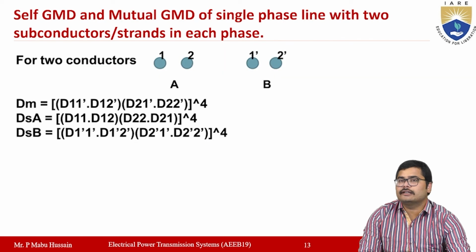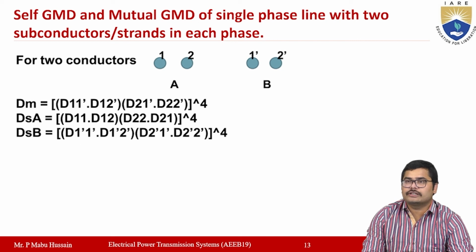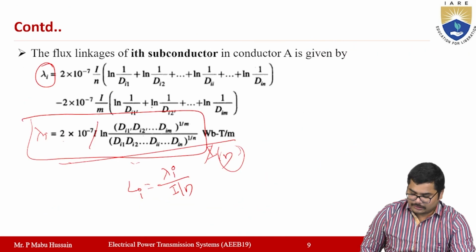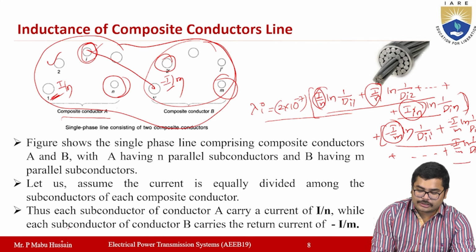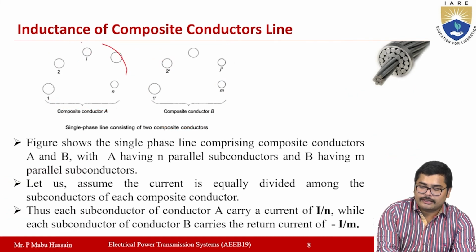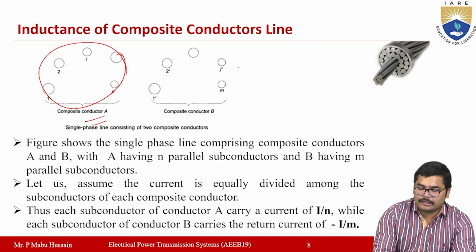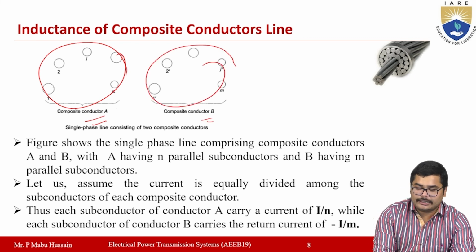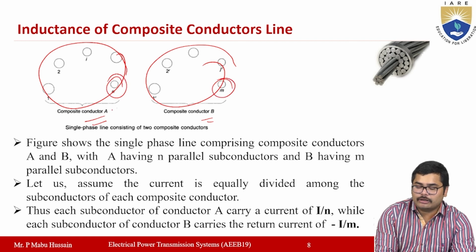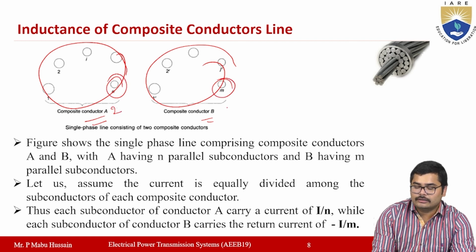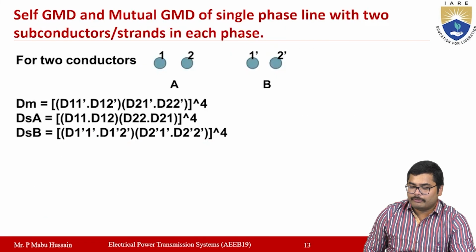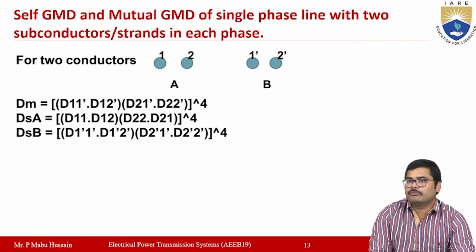So let us calculate the self GMD and mutual GMD of a single phase line by considering two subconductors only. Here we developed the inductance equation by considering n subconductors in composite conductor A and m subconductors in composite conductor B. Instead of n and m, in composite conductor A I am taking two subconductors, and in composite conductor B also two subconductors, and we develop the self GMD and mutual GMD.